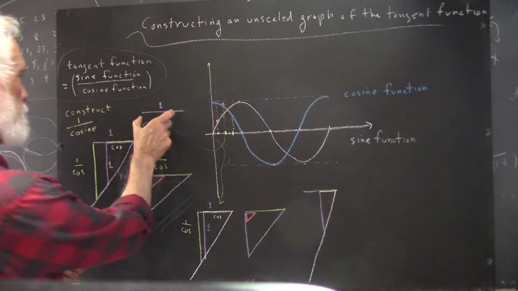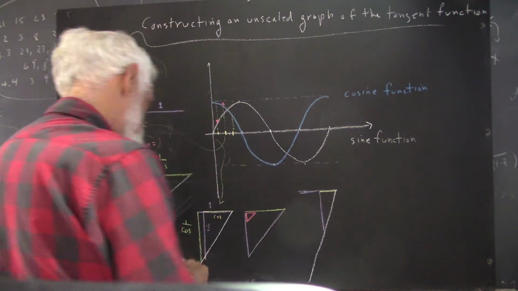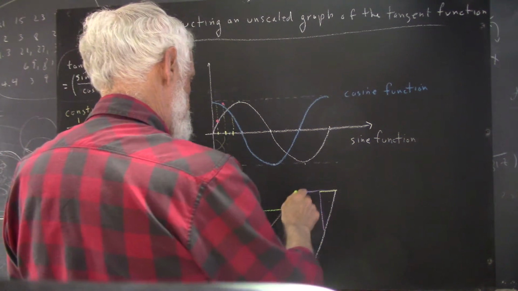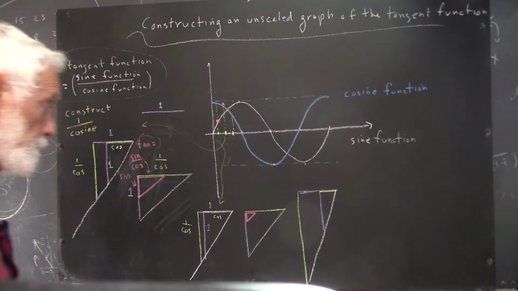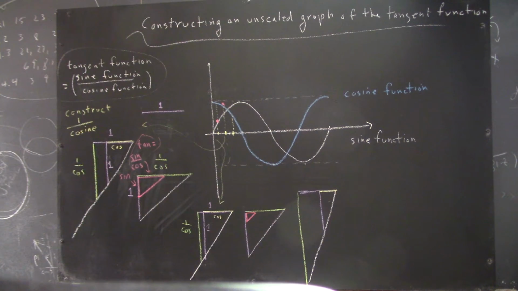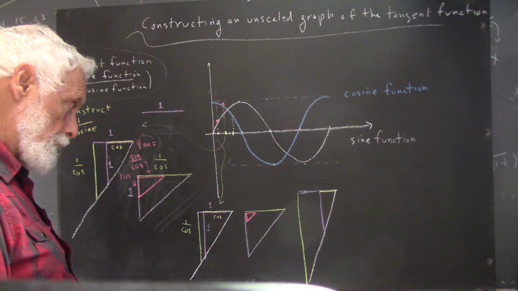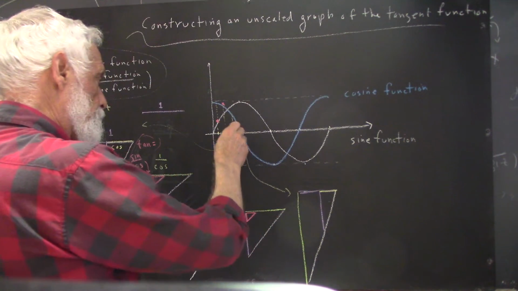Is that long enough? That's way too short. Still probably too short, but we get the idea. Okay, so now the reciprocal of the cosine is significantly bigger than before. So, let's draw an arrow indicating that this picture corresponds now to this point.